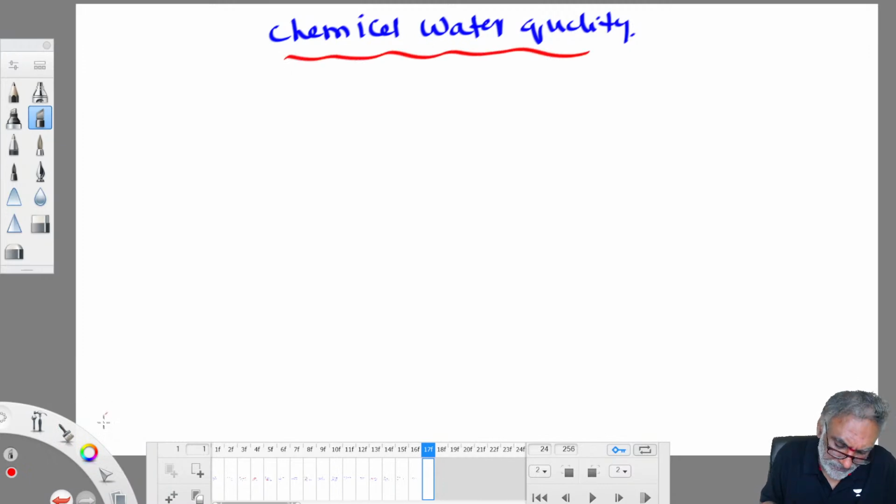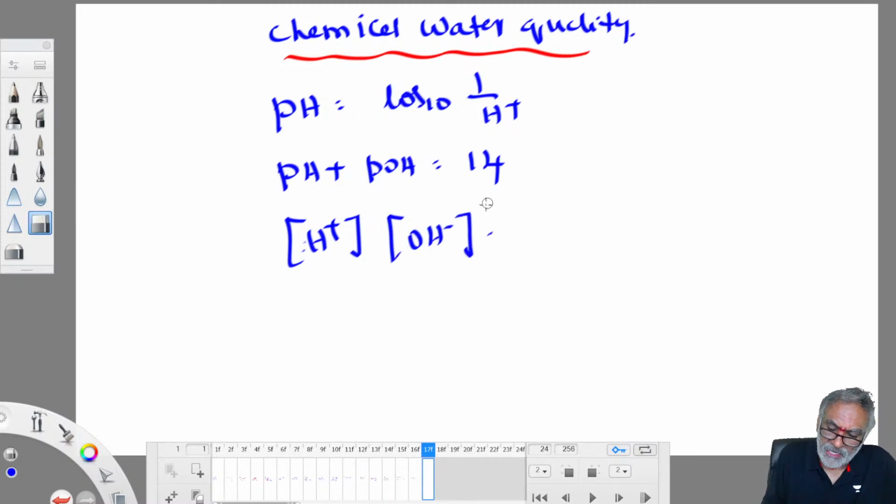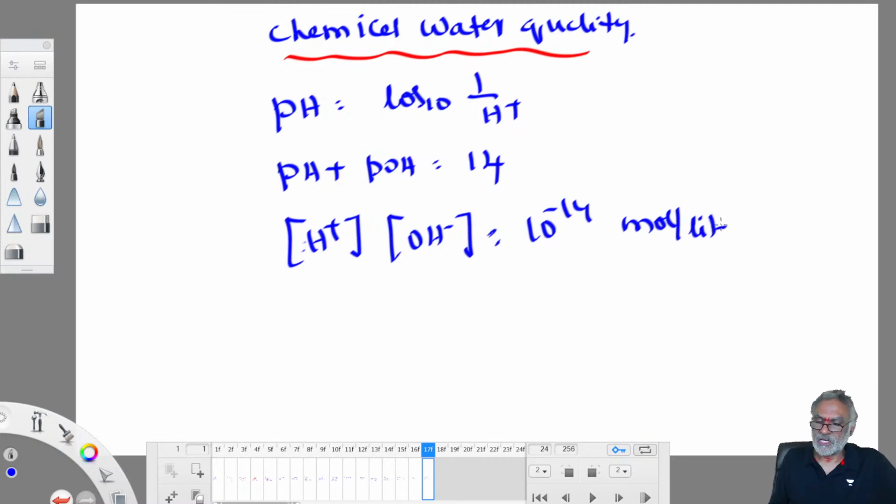One is pH. pH is equal to log10 of 1 by H plus ions. pH plus pOH is equal to 14, and H plus into OH minus ions product is always constant, which is equal to 10 power minus 14 moles per liter. From this they ask numericals in the GATE exam.